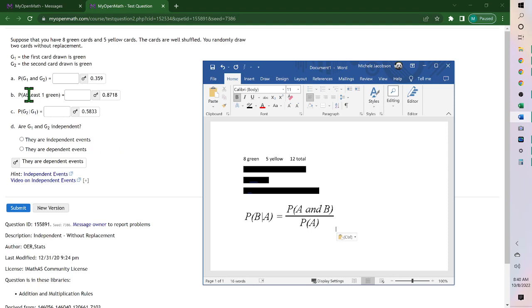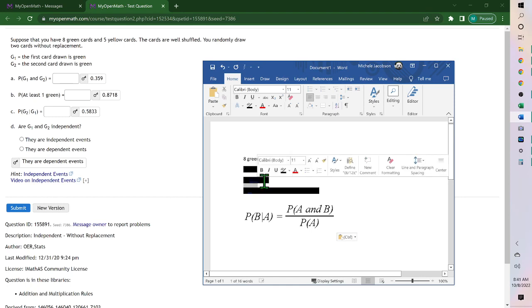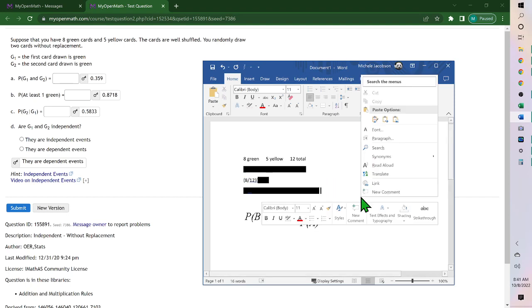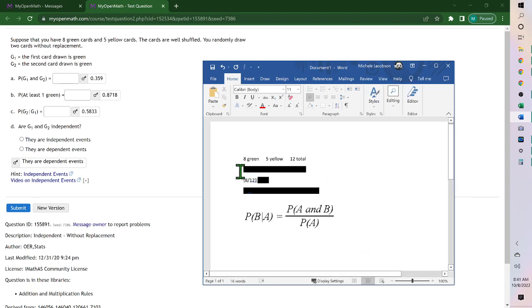So the probability of both of them being green: if the first one is green, the probability is 8/12. So the probability that the first one is green is 8/12.